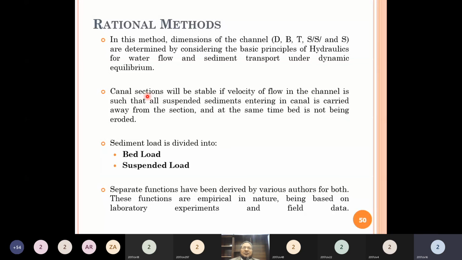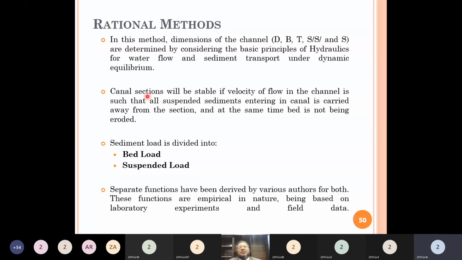Okay, so if you have selected the velocity of flow in such a way that the sediment particle on bed is not moving, और फिर वेलोसिटी हम ऐसी सिलेक्ट कर लें कि जो सस्पेंडेड पार्टिकल्स हैं विच आर स्मॉलर इन डायमीटर, दे शुड रिमेन इन सस्पेंशन, तो वो डिपॉजिट होंगे? नो सर, नो.